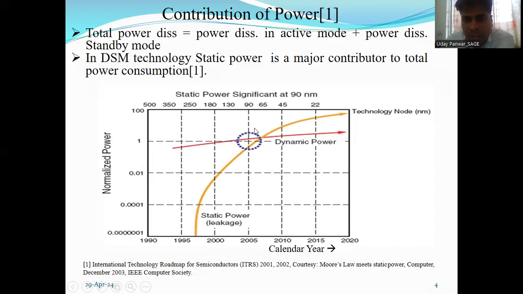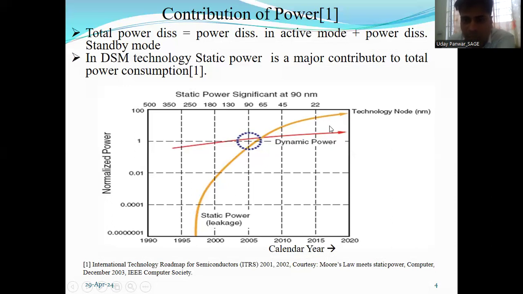The technology represents the drain to source distance of any transistor. As the technology scales down, the criteria change. Here we see that after this 90 nanometer technology, the static power dissipation becomes more dominating over the dynamic power dissipation.